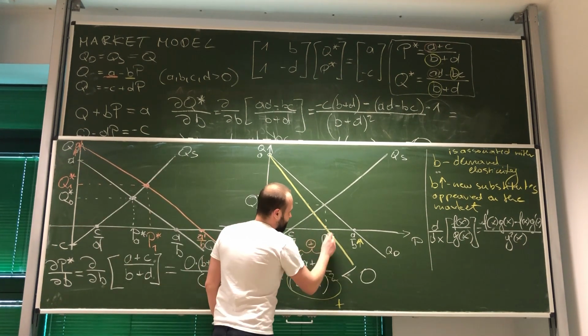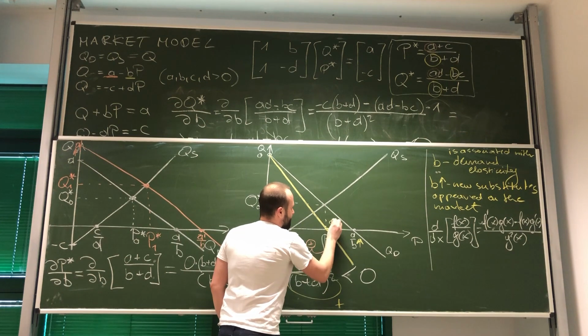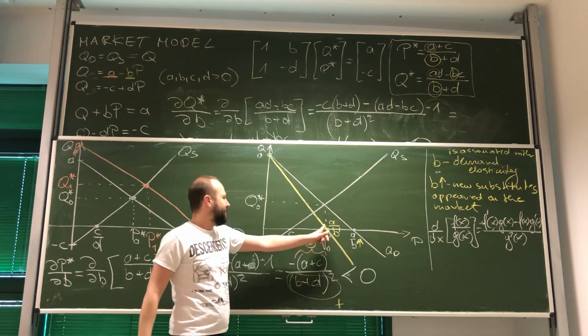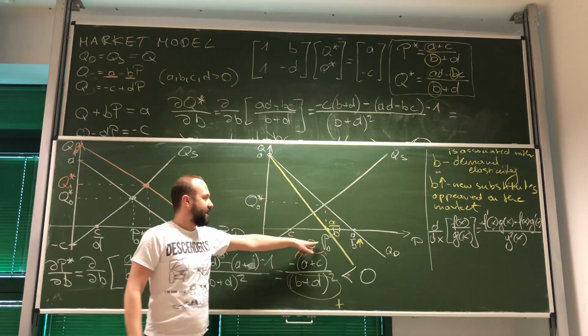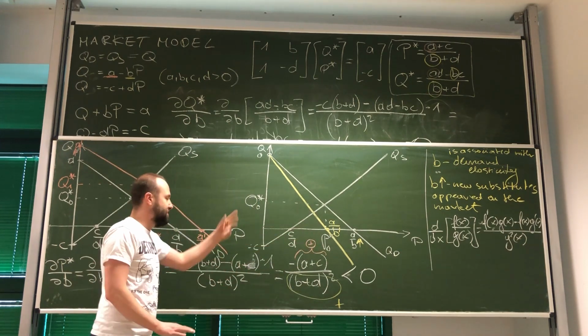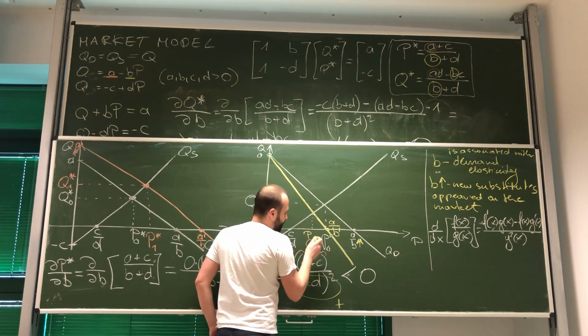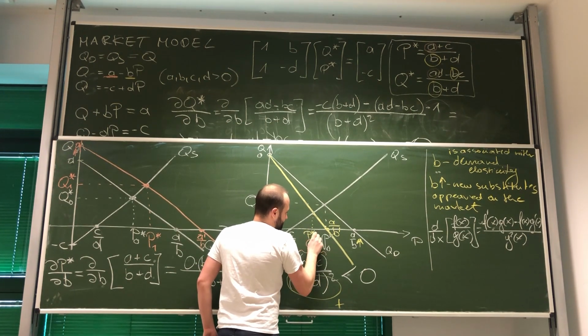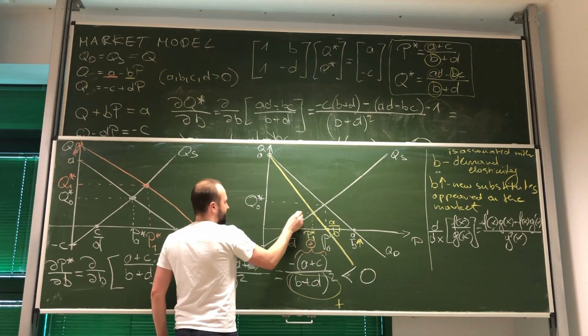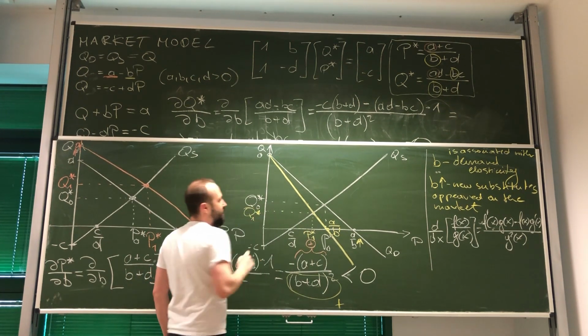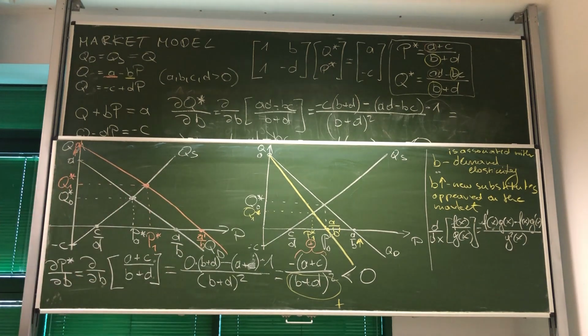As a result, we've got a new point A over B prime. Remember that it's an accident that I cut it through the same place. It can be any place. And we see that as a result, equilibrium price went down and equilibrium quantity went down as well.